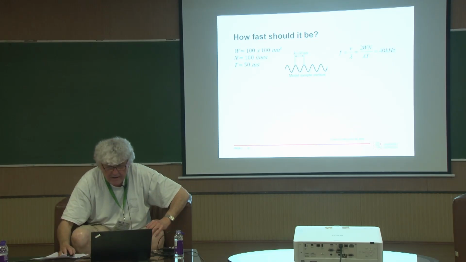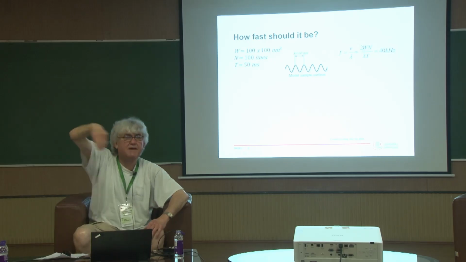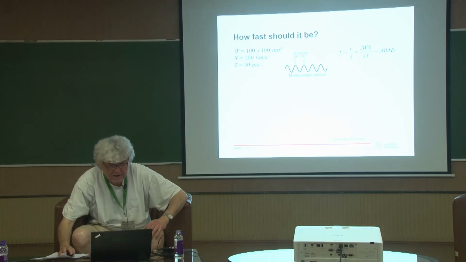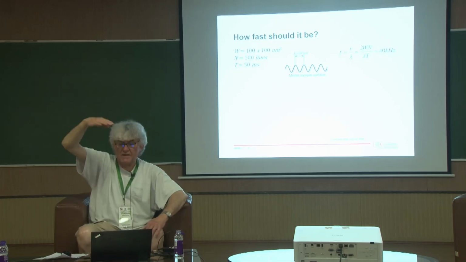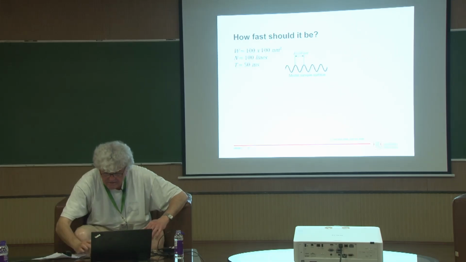Then the frequency is the velocity divided by the full oscillation length, which is 10 nanometers, and that is also the same as 2 times, because you're scanning forth and back, that's the factor of 2, then a length of 100 nanometers, and then you scan it 100 times.